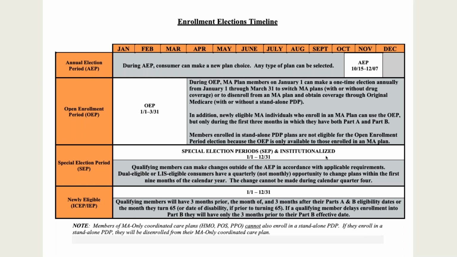So if they want to switch Medicare Advantage plans, or if they're on a Medicare Advantage plan and they want to go back to original Medicare and pick up a PDP plan, there are different options during this time period. For an SEP, which is a special election period, there are different qualifying circumstances that a member has, where they can enroll into a new Medicare Advantage plan.